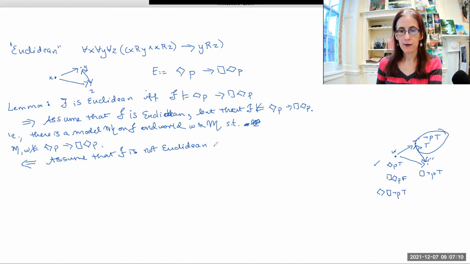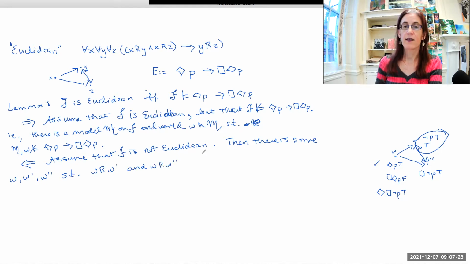So if we've got this frame that is not Euclidean, then what we know is that there is some W', W2', such that W sees the first one, W sees the second one, and in order to block the Euclideanness, we know that neither W1 sees W2, nor W2 sees W1.